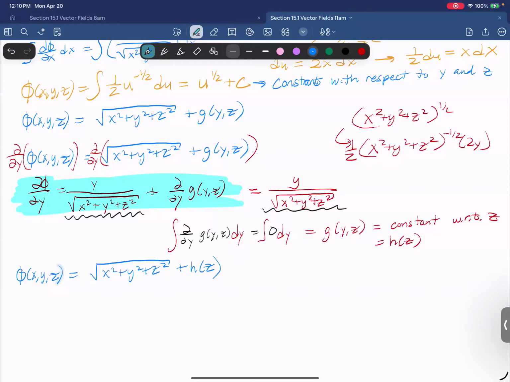We've got one last step. We're almost there. Take the derivative with respect to z. We get d phi dz. This is doing the same thing as with respect to y, but it just gives us a z on top. And we have h prime of z.